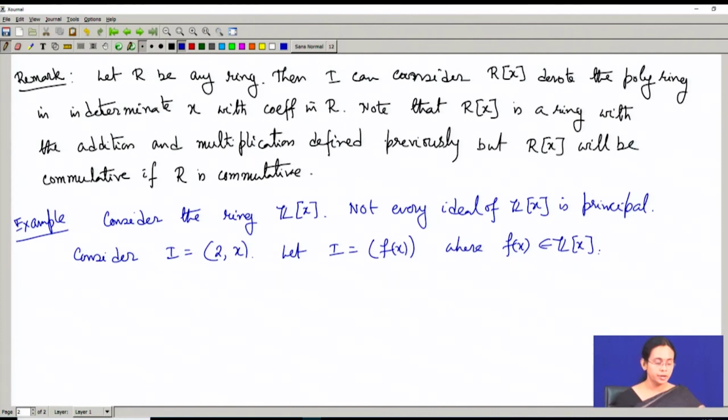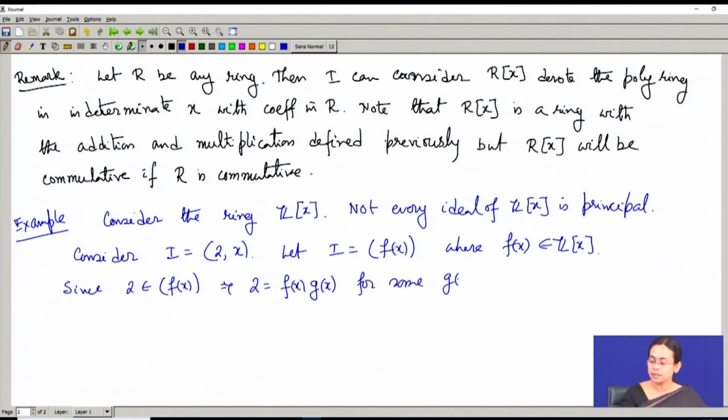If I is generated by a single element f(x) and this is the same as the ideal generated by 2 and x, that means 2 belongs to the ideal generated by f(x). Since 2 belongs to the ideal generated by f(x), 2 can be written as a multiple of f(x), so 2 equals f(x) times g(x) for some g(x) in Z[x].